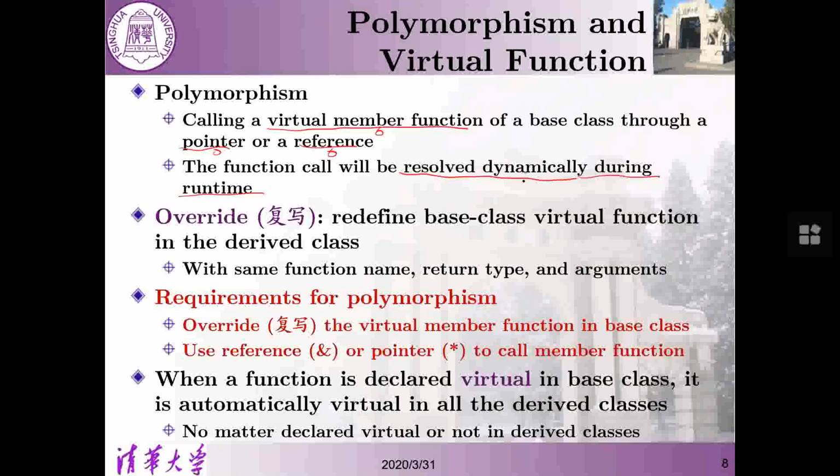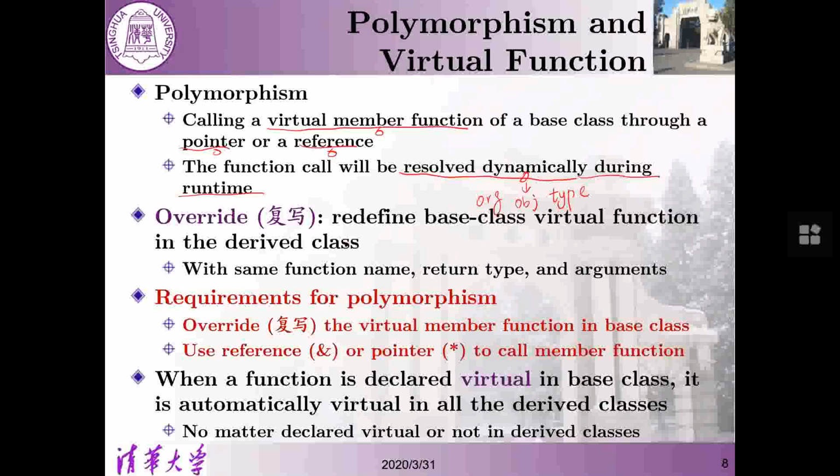Dynamically means it depends on the exact object type, right? Or the original object type. So this is polymorphism.